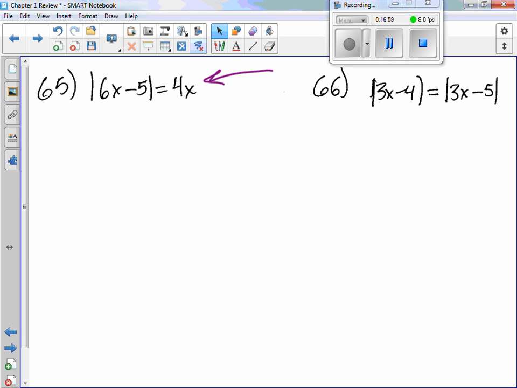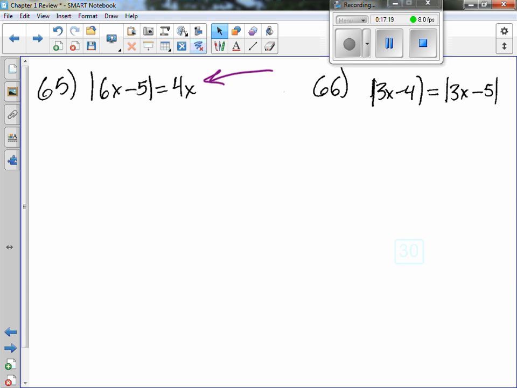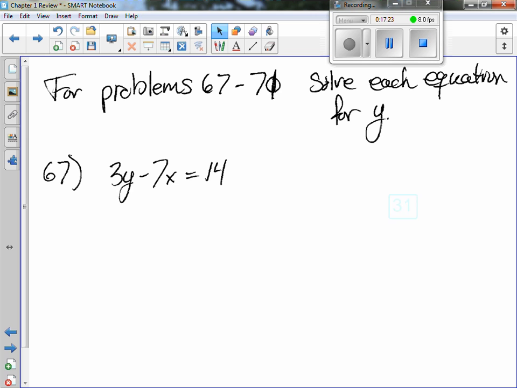But if for some reason a value of x made the 4x negative, it wouldn't work, because what's coming out of here will be positive, yes? So there's some of those you might have to double check and make sure. I'm assuming we're good with these, yes? Any questions on solving each literal equation?